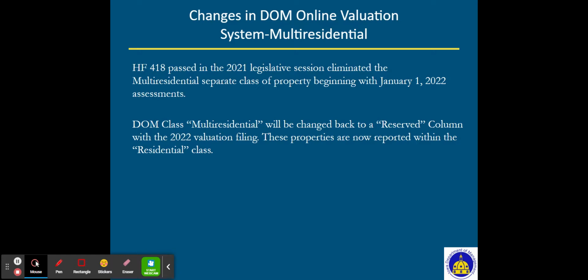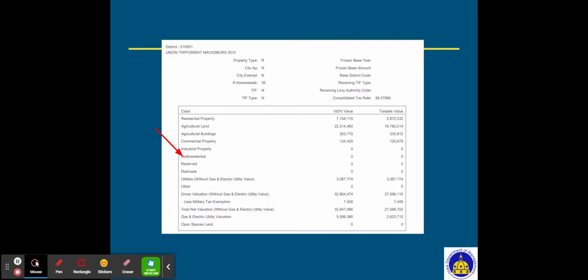If you pull reports by class, you would see that in the 2022 valuations, the DOM property class multi-residential has been changed back to a reserved column with that 2022 valuation filing. The properties are now reported within the residential class instead of being reported within this separate class of property called multi-residential. So this is just sort of an FYI if you are interested in looking at those valuation reports as you work on your budget.